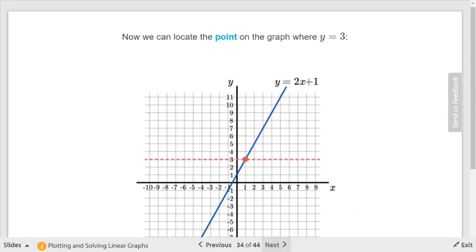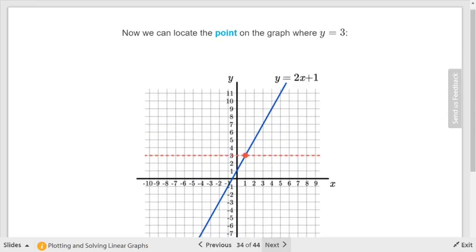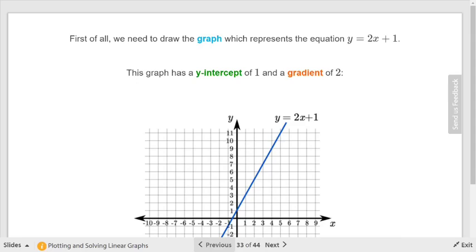And then once you have the line, you can locate any point on the line. So here they want you to locate where y equals 3. Where does y equal 3? On the y-axis, up 3. I'm not talking about the answer. Just tell me where y equals 3. Y equals 3 means go where? Up 3. Maybe if I change the way I say it.